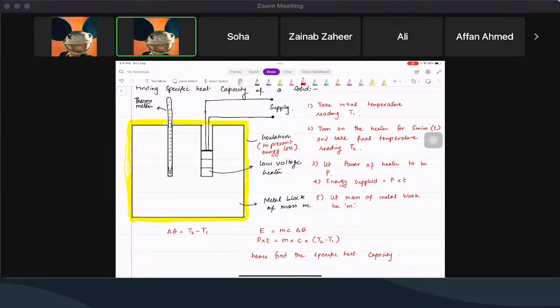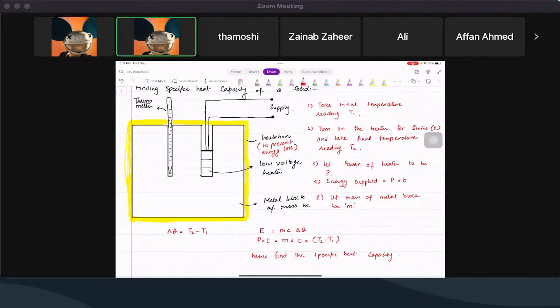Caroline, Tamoshi? Sir, what is step 5? In step 5, I said let the mass of the metal block be m. Okay, right.